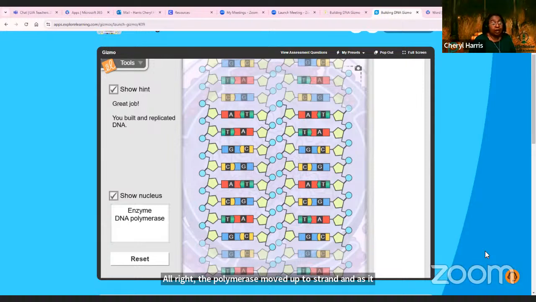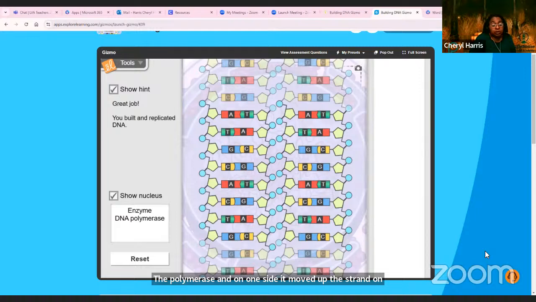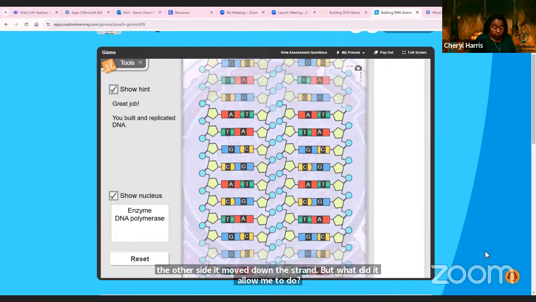What did it allow me to do? The polymerase, on one side it moved up the strand, on the other side it moved down the strand, but what did it allow me to do? What is its job? So the other one disconnected. This one does what?